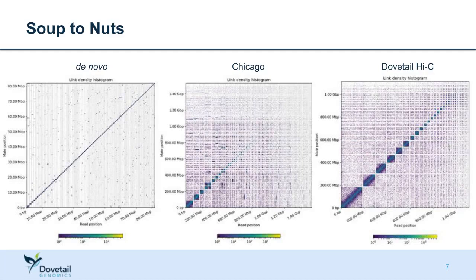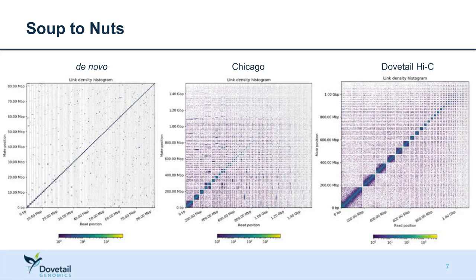On the x-axis are the individual scaffolds, sorted from the biggest to the smallest, and then on the y-axis is the reverse of that. And the color density within each box represents the information of how things are coming together, right? So the first thing that you see from de novo, Chicago, all the way to the right, Hi-C, is that the boxes get bigger.